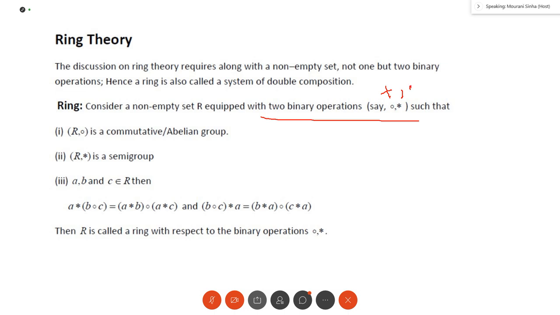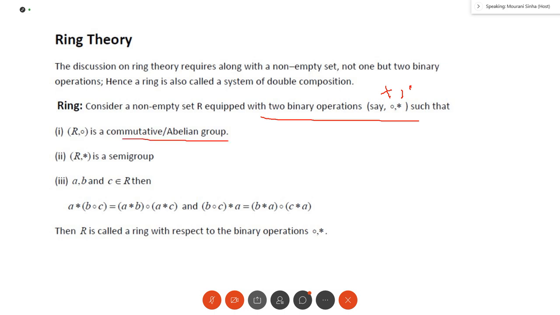Okay, so they have defined here the ring as considering a non-empty set R along with 2 binary operations, such that for the first binary operation, that is O or plus, you have to show that it is an abelian group. That means all the 5 properties.